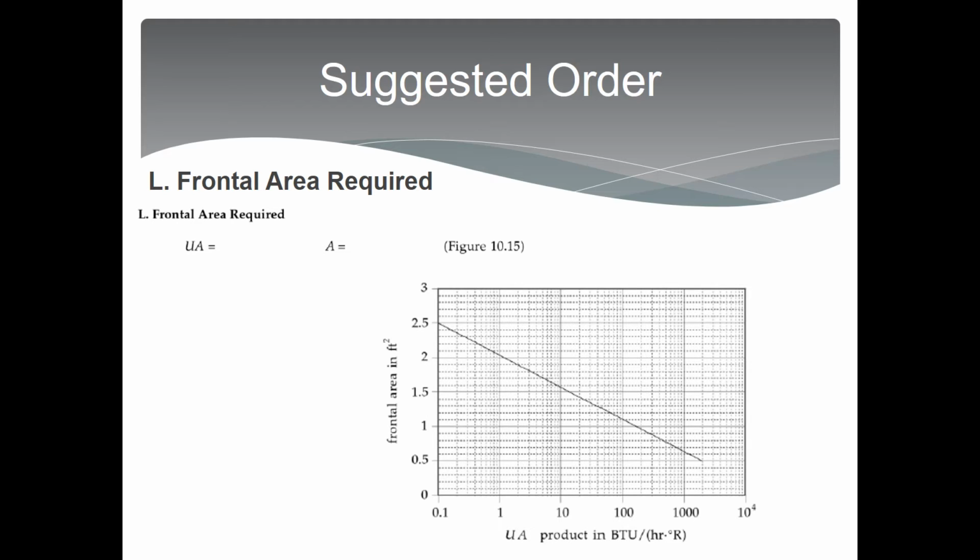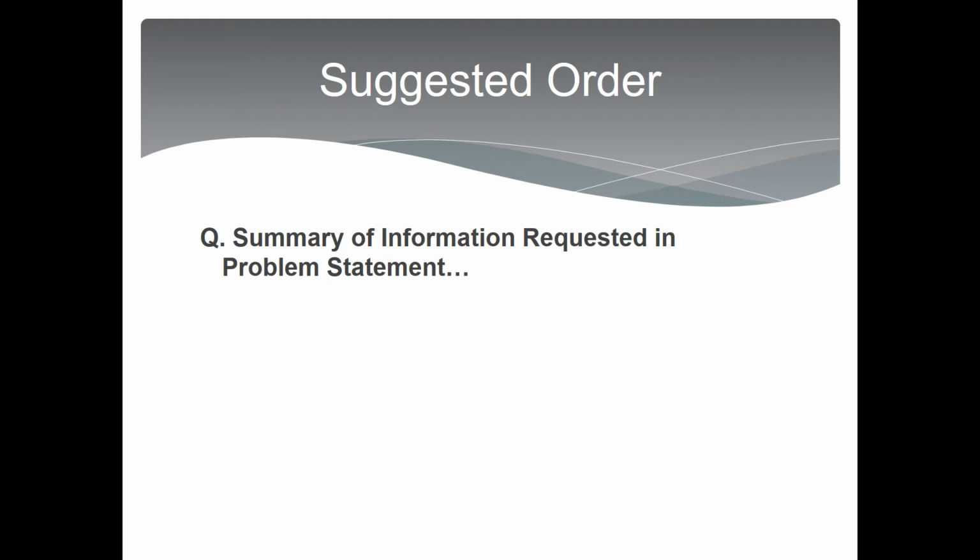The frontal area required can be determined using the UA product in unison with figure 10.15 shown below. At this stage, all variables and values necessary for the analysis of cross-flow heat exchangers are known, and pertinent and relevant information requested by the problem statement should be stated and presented.